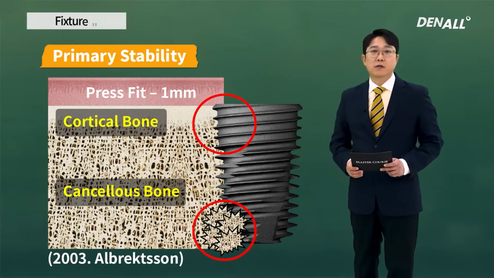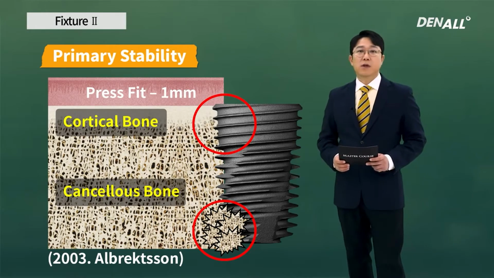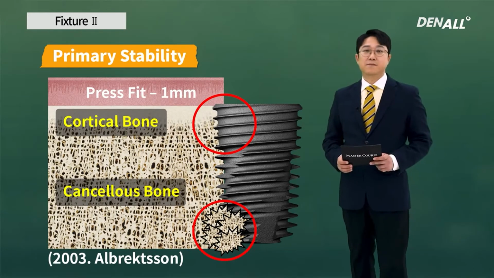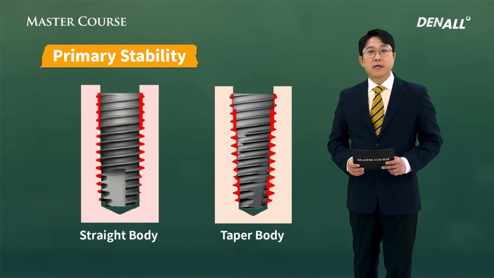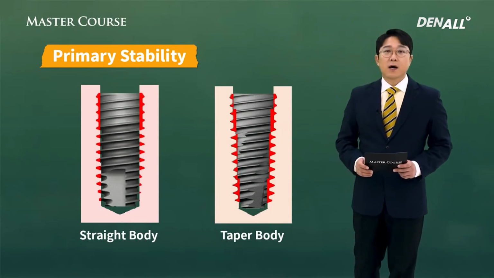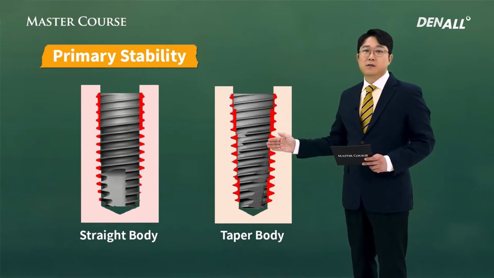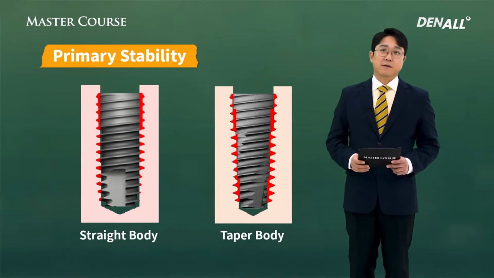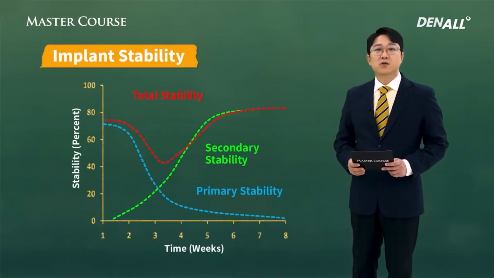Lau et al. in 2012 said the primary stability is achieved due to the mechanical engagement of the cortical bone. In summary, the primary stability can be achieved by making the implant have more contact with the bone so that appropriate strong fixation can be achieved. We saw the implant healing curves.